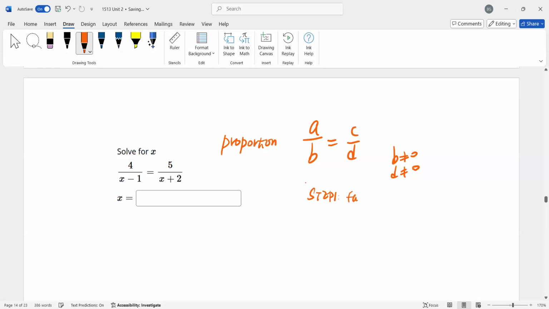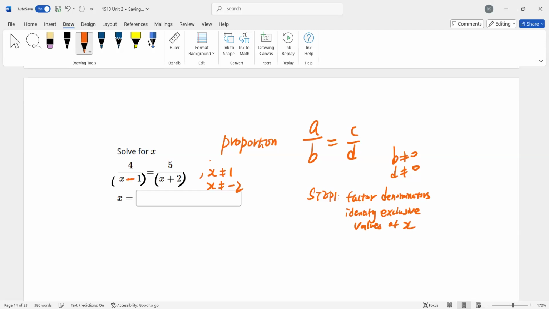Same thing, factor the denominator, identify exclusive values of x. So here we already have the factors, they are not factorable, okay? So the exclusive values: x cannot be 1, right? x cannot be -2.